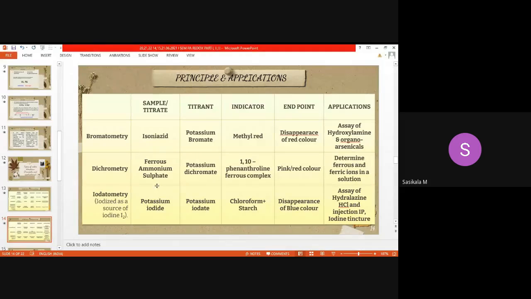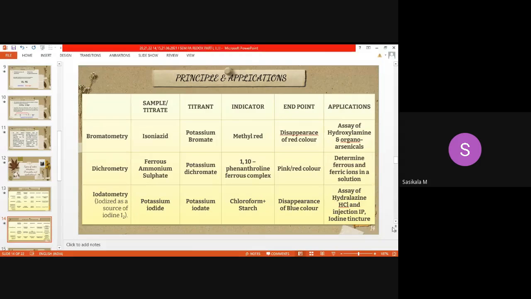They will be oxidized by means of iodates and bromates, and will release iodine in the titration process. This liberated iodine will interact with the starch and will be separated from the acidic layer by means of chloroform. So in the chloroform layer you can find the iodine-starch color, that is the blue color. At the end point it will disappear. So disappearance of blue color is the end point in iodotometry.